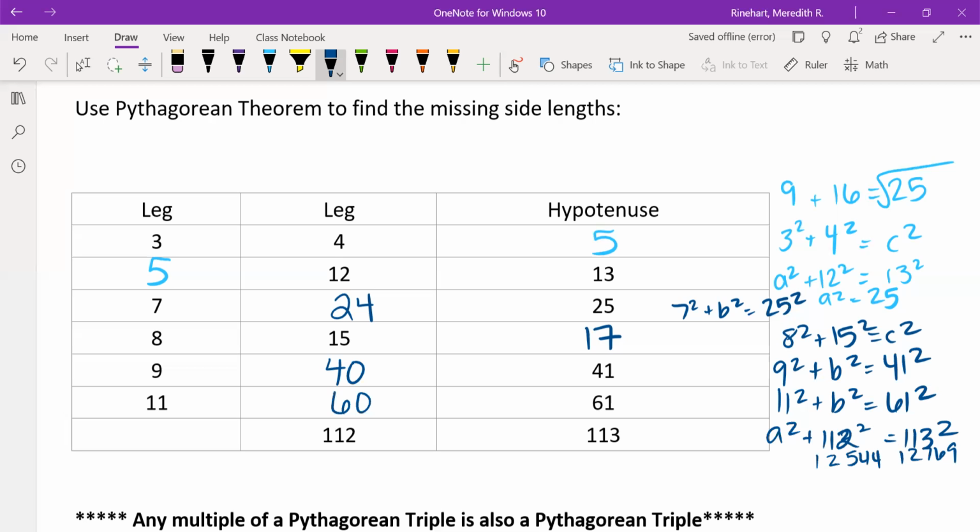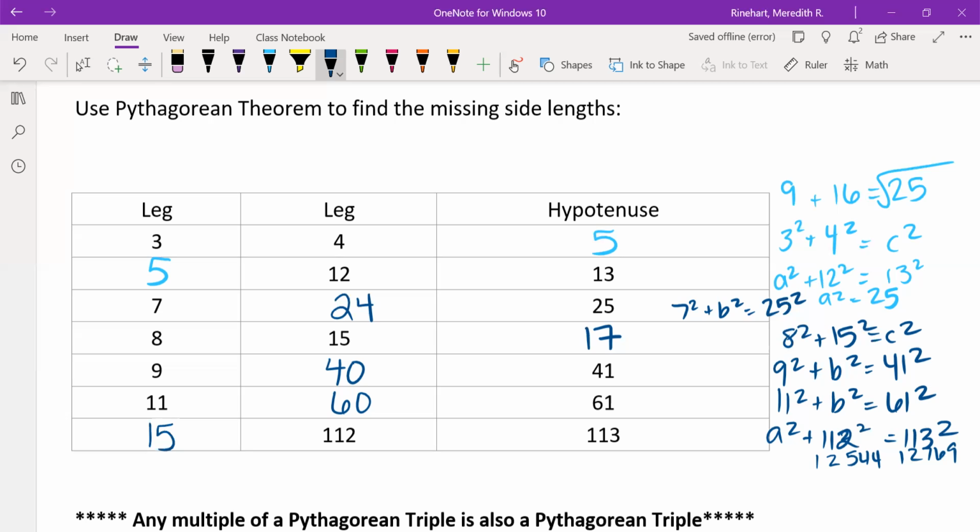So let's subtract those and take the square root. 12,769 minus 12,544 is 225, and the square root of 225 is 15. And those are our lists of Pythagorean triples to get us started.